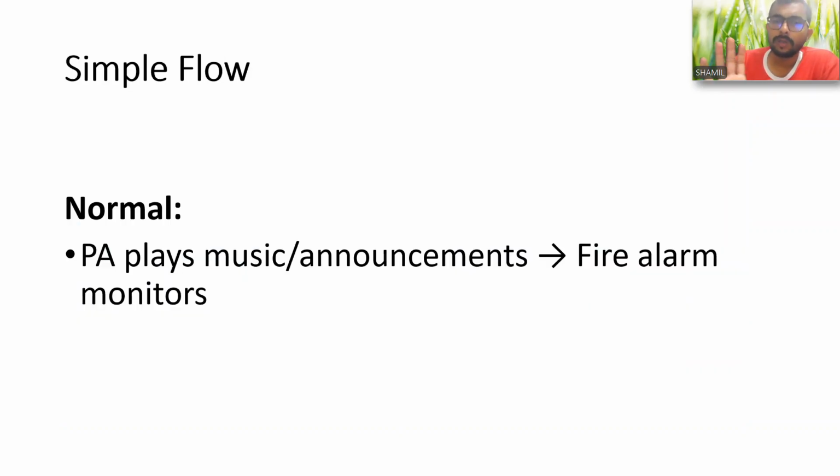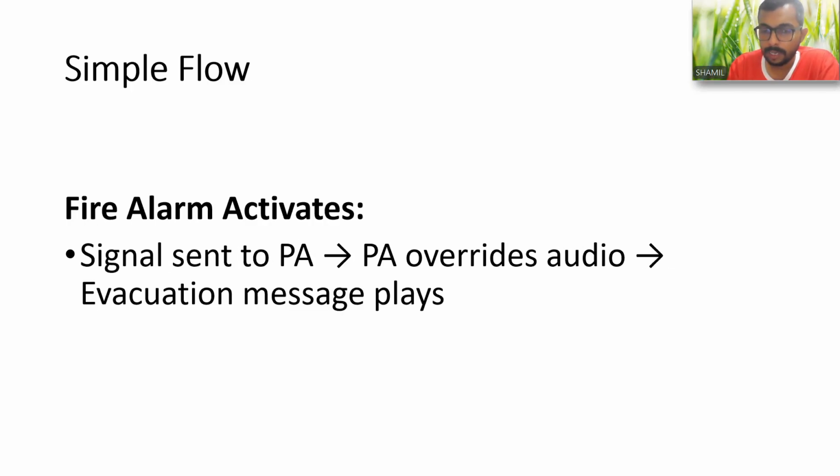Now, to explain once again, we will go through the working logic for the integration. During normal condition, the public address system will be playing music or announcements, and the fire alarm system will be monitoring. During fire alarm activation, the fire alarm signal will be sent to the public address system, and the public address system will override all the audio messages that were being played during normal condition.